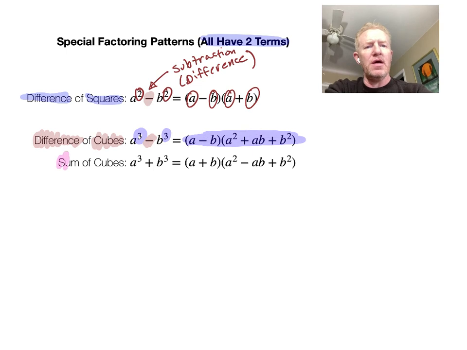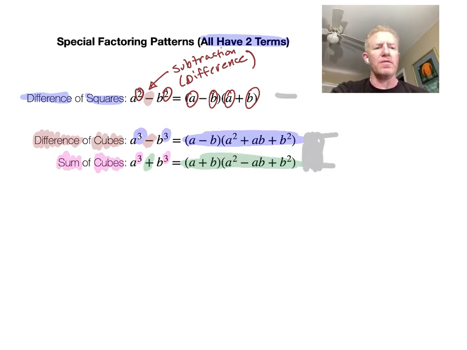And then lastly, we got a sum. Okay, so it's going to be an addition of 2 things, and they're both cubed. And so you can see that sum right there. The addition of 2 things that are cubed, and again, we get a long factorization. I do want you to notice these 2 are very, very similar right here. And we'll look and see if we can figure out some patterns to help us with all 3 of these things.